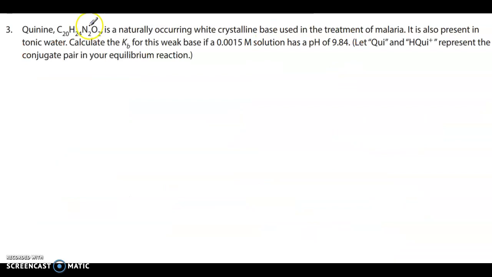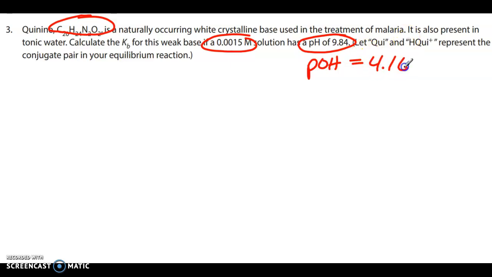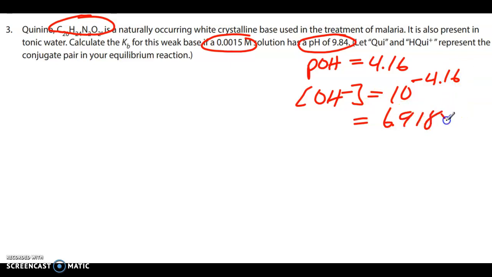Okay, quinine, which is another very large molecule, is used for the treatment of malaria. So calculate the Kb. We have the initial concentration and we have the pH. So really we would need the pOH, which is 14 minus 4.16. The concentration of hydroxide is 10 to the negative of that, which ends up being 6.198 times 10 to the negative 5.